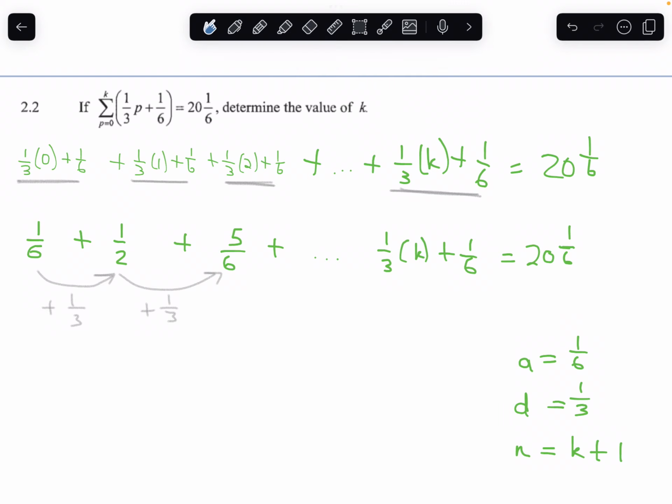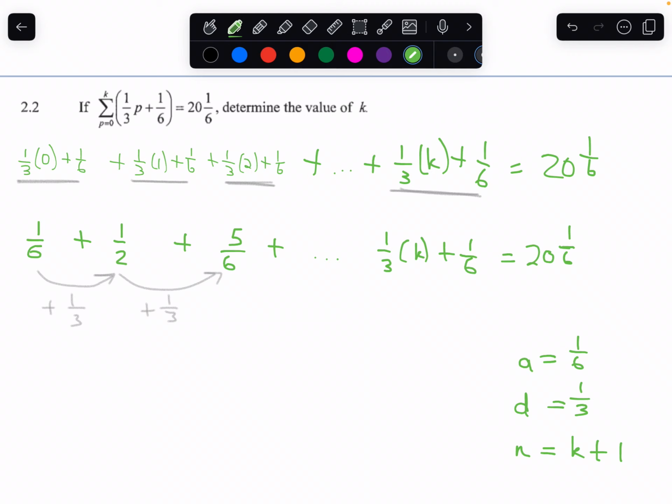And we're told that the sum of these terms is 20 and a sixth. So we can use this information to set up another equation.